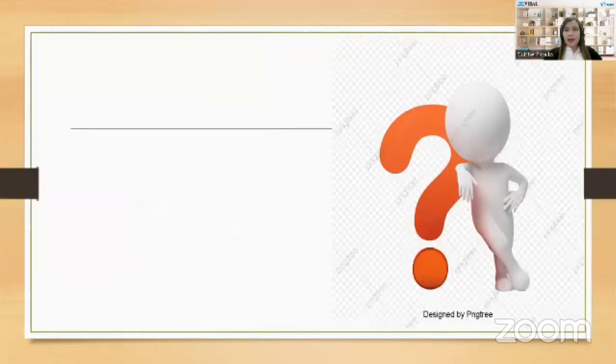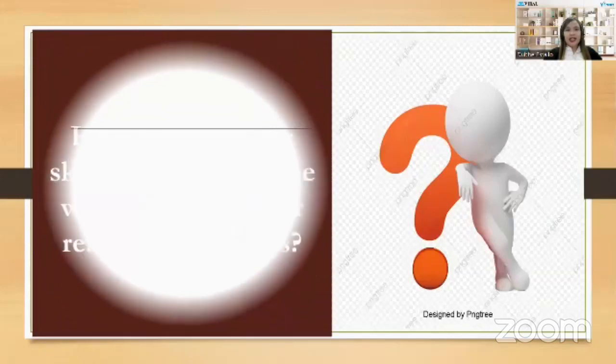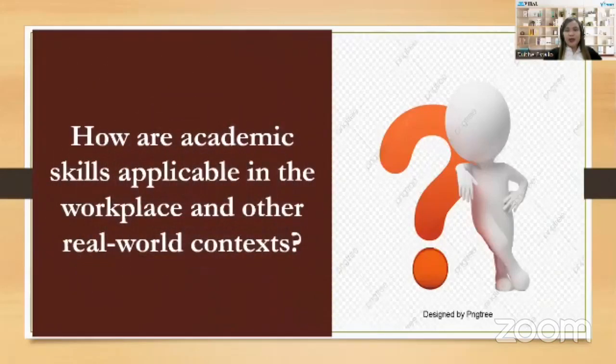Now that we have already made mention of the description of the different categories of academic skills, the question that we need to answer at this point is, how are academic skills applicable in the workplace and other real world contexts? And when we say workplace, we don't just mean again employment, but also businesses.